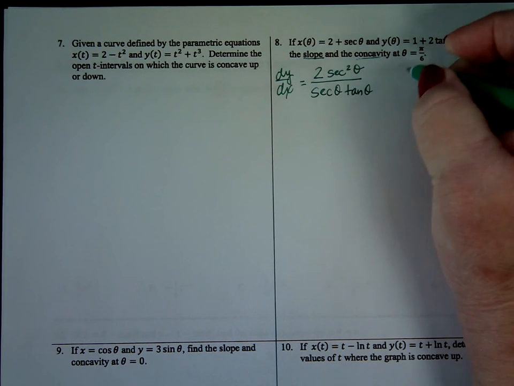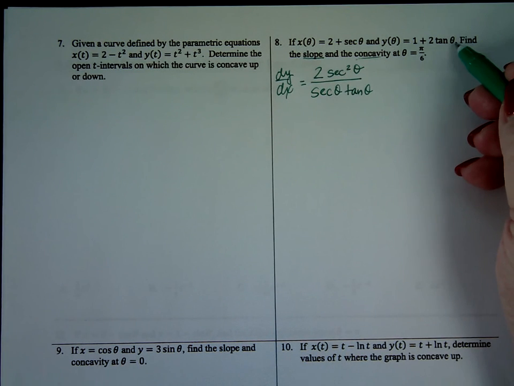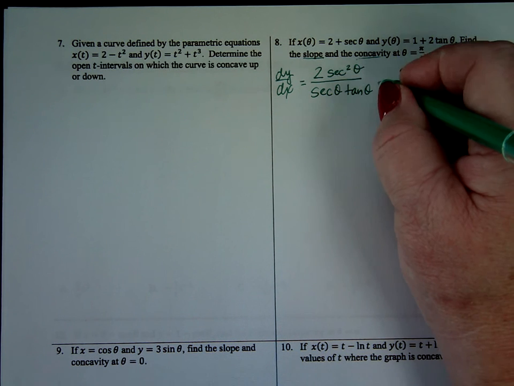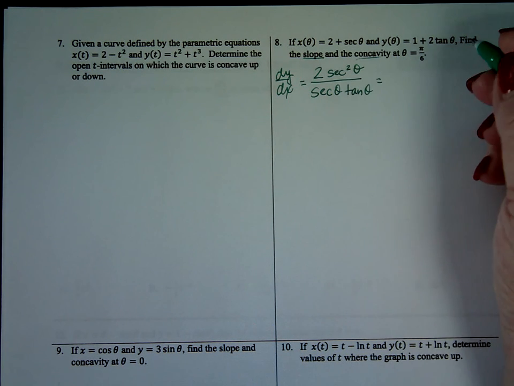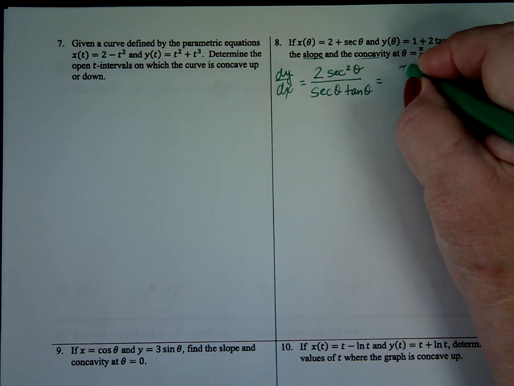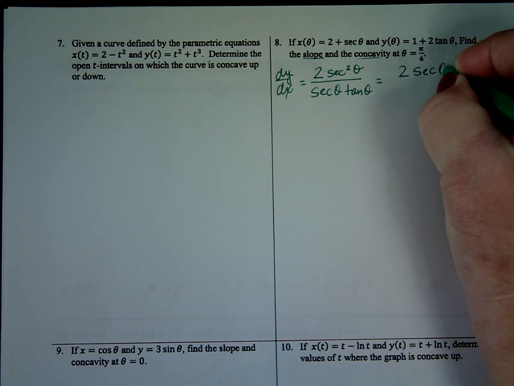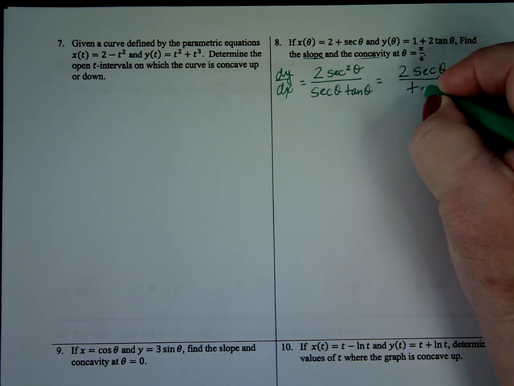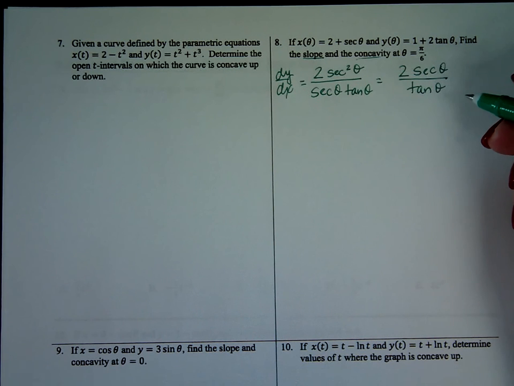All right, thank God they gave you an angle. It's just an x or a theta, so that you don't have to chain rule. So here's what I have. You can cancel a secant, right? So I have 2, I still have a secant up top, and I have a tangent on the bottom. Could I leave it like that? Sure, I could.